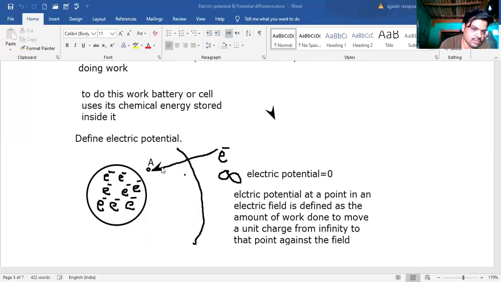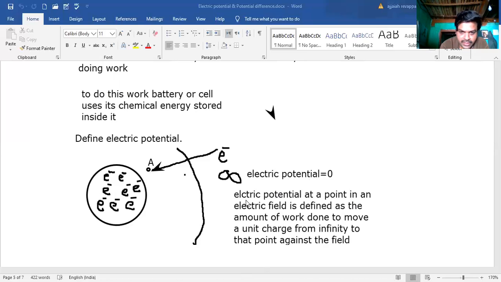So whatever work I am doing in moving this unit charge from infinity to that point in the field, against the field, means opposite to the direction of the electric force, I am moving this unit charge in the direction opposite to the electric field. So whatever the amount of work I am doing to move this unit charge from infinity to that point against the field is called electric potential.